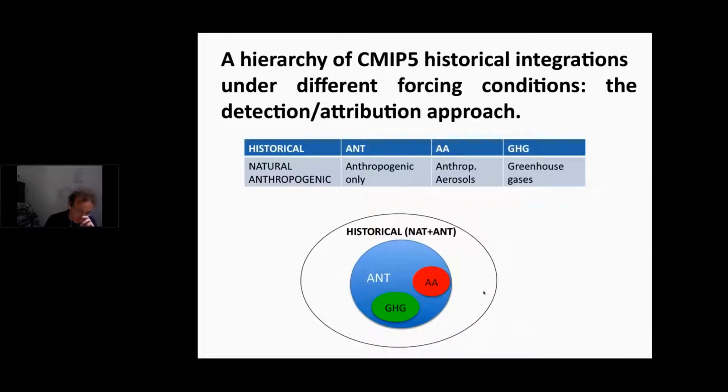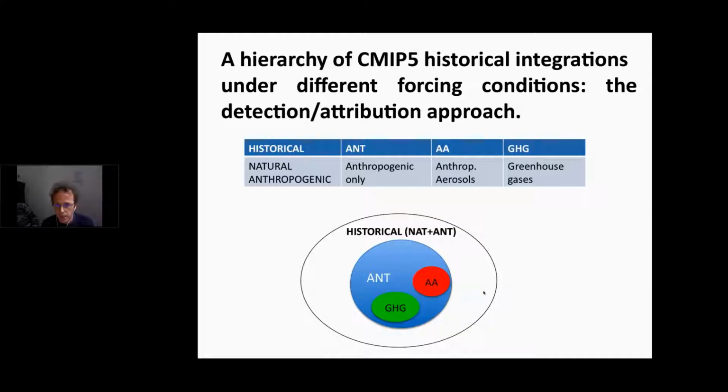As I was mentioning before, the approach that we decided to follow is the one used in the detection and attribution community, which consists in using a hierarchy of climate simulations, ranging from historical simulations where all kinds of forcings, natural and anthropogenic, are used, and gradually narrowing down to a subset of forcings, including anthropogenic forcings only, for example, down to very idealized experiments where single forcings were used.